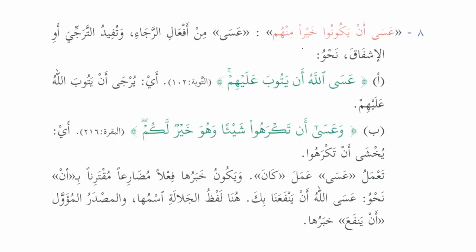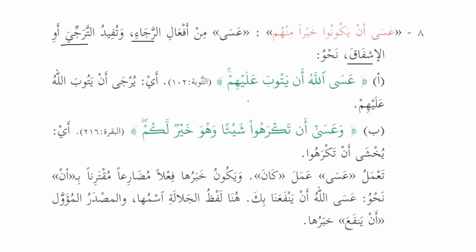Asa an yakunu khayran minhum. Asa is from the af'al al-raja, the verbs of hope. وتفيد الترجية أو الإشفاق, and it signifies hope or fear. ترجى يترجى is from number 5, and أشفق يشفق إشفاقا is from number 4. نحو عسى الله أن يتوب عليهم.